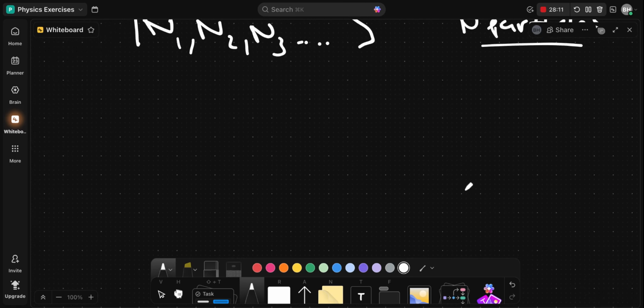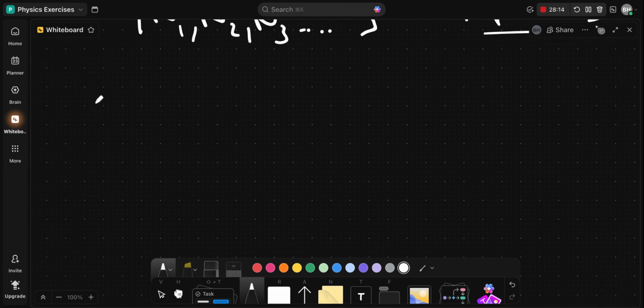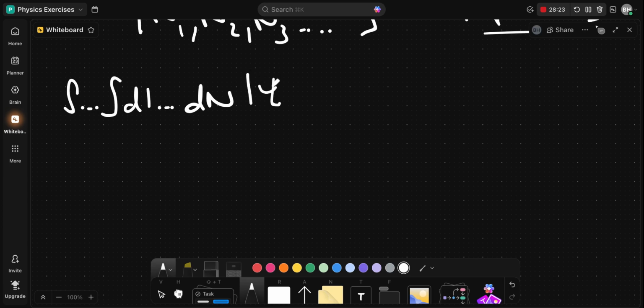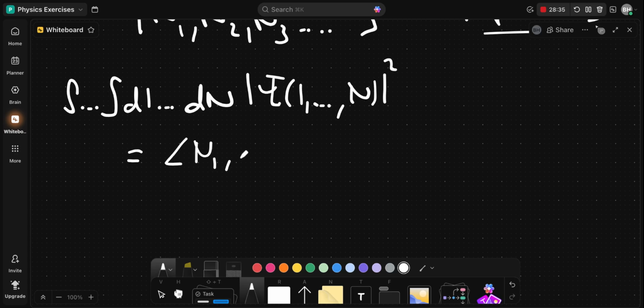So this has to normalize to 1, but I just want to emphasize that if I take an n particle integral, and I put here my wave function and square it, this of course is the same as the scalar product of the vector n1, n2 with itself.